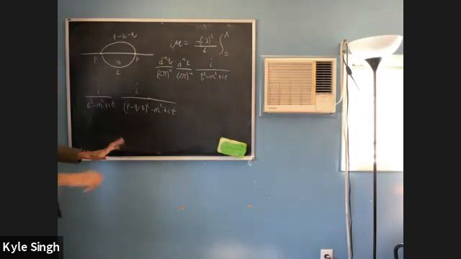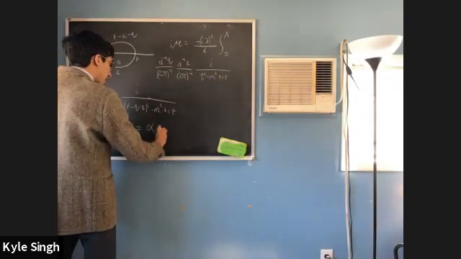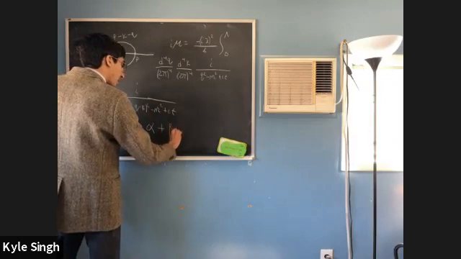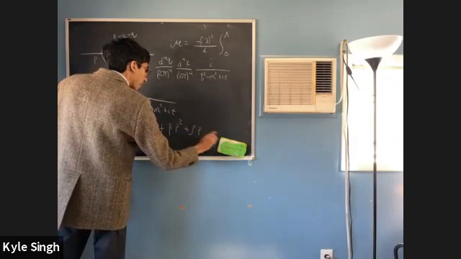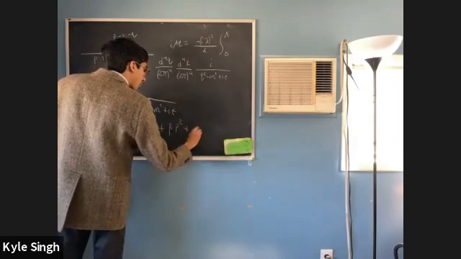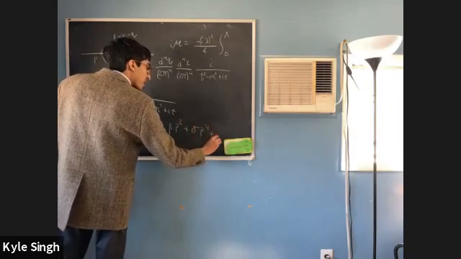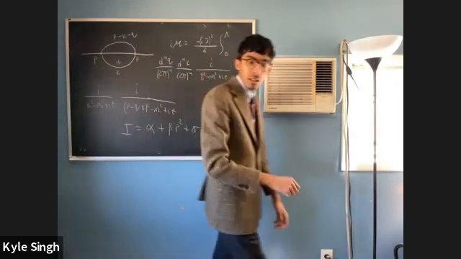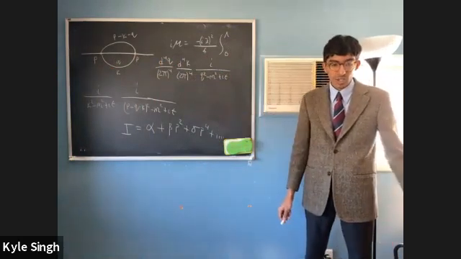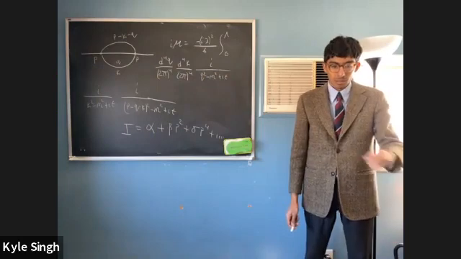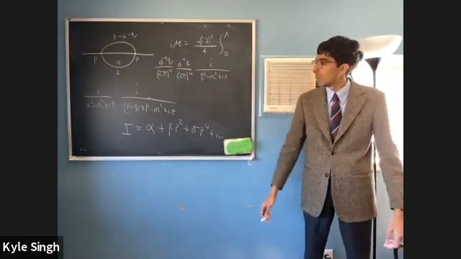I can write the integrand I as a Taylor series: alpha plus beta p squared plus sigma p to the fourth plus dot dot dot. This is just a Taylor series, right? Keep adding: then p to the sixth, then p to the eighth, and so on.